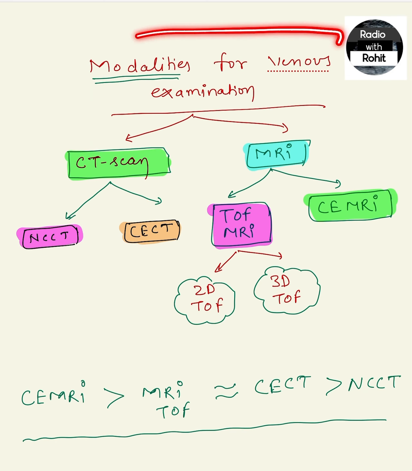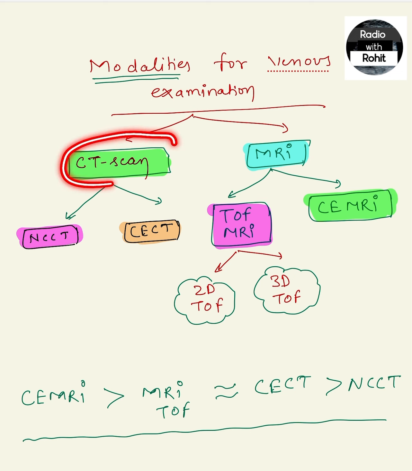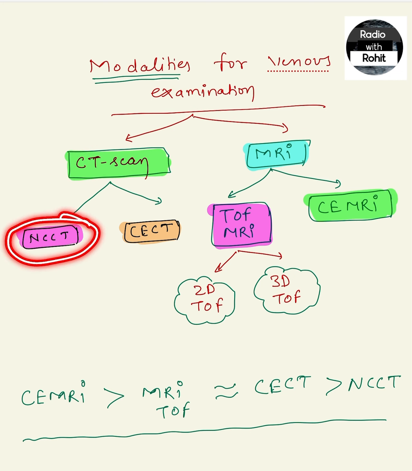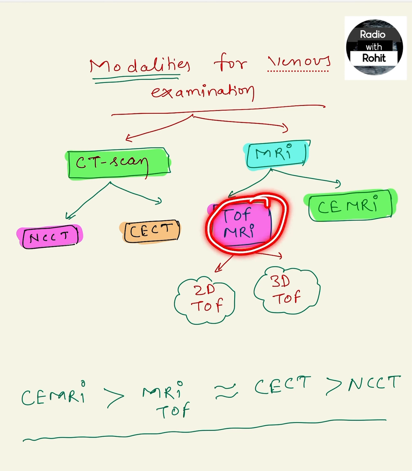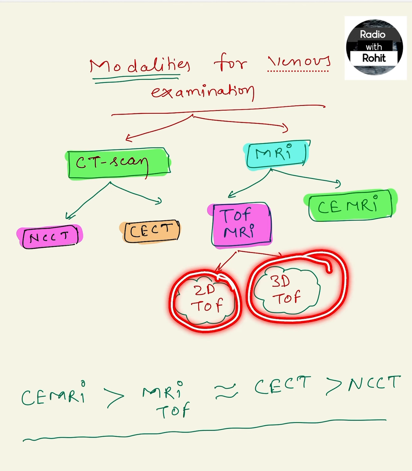So for the modality for venous examination, we have particularly two modalities. First one is CT scan, second is MRI. On CT scan, we can do either non-contrast CT or CECT. On MRI, we can perform TOF MRI, non-contrast MRI or contrast enhanced MRI. Among the TOF MRI, we have two options, either 2D TOF or 3D TOF.